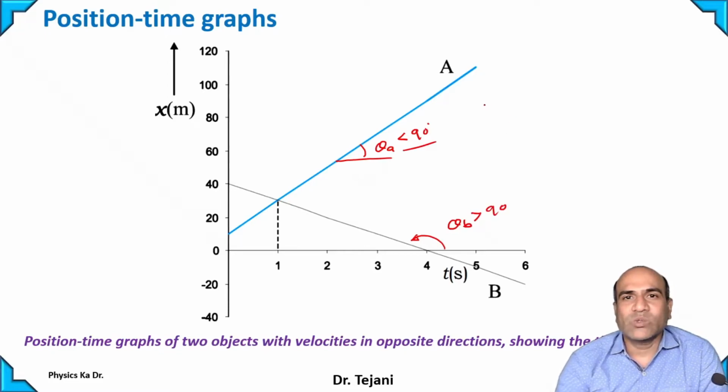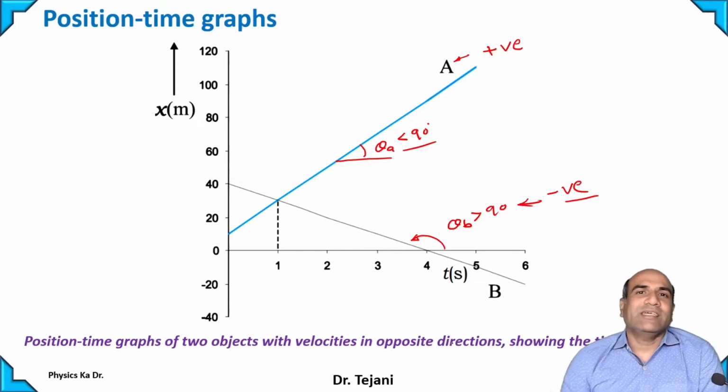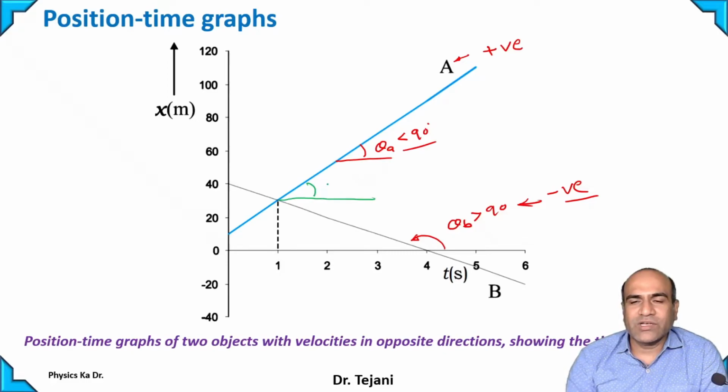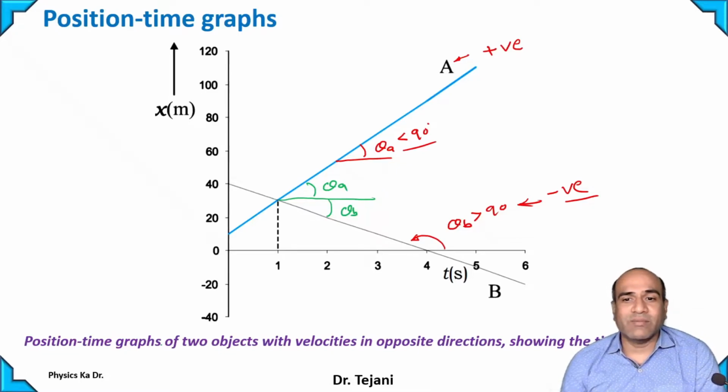That means A has positive velocity and B has negative velocity. In addition to that, suppose I draw a horizontal line and this is theta A and I draw another one theta B, if both are equal, that means both have equal and opposite direction.